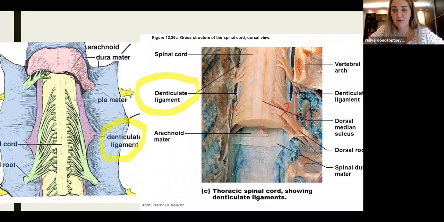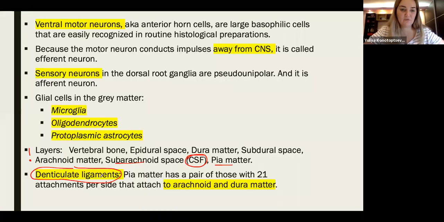So kind of coming out there. And you can see that it is covered by some sort of meninges. But there are some kind of triangular tissues which are attaching your spinal cord to arachnoid matter. Okay, so these denticulate ligaments, they are pia that is attaching to arachnoid.